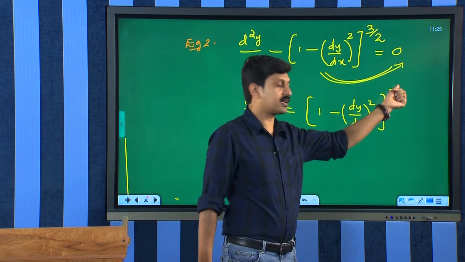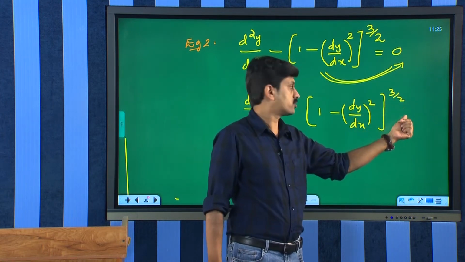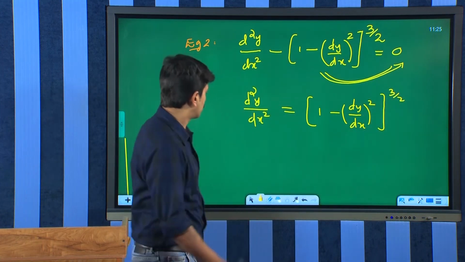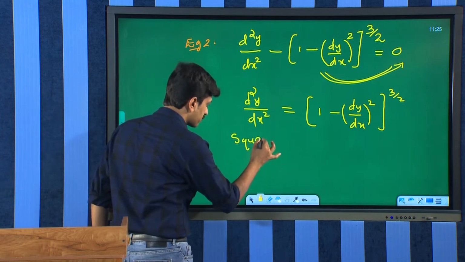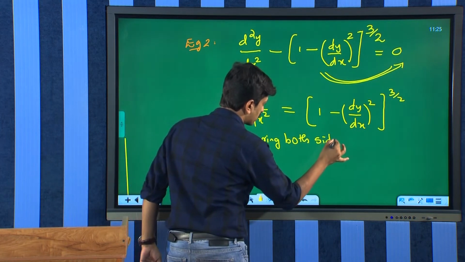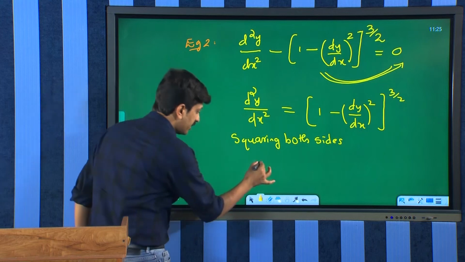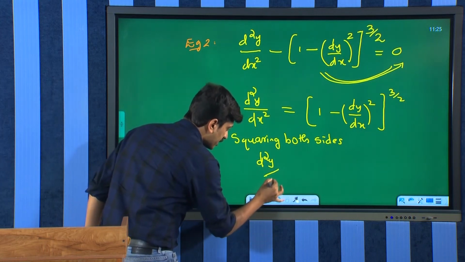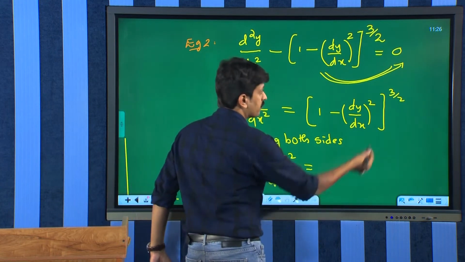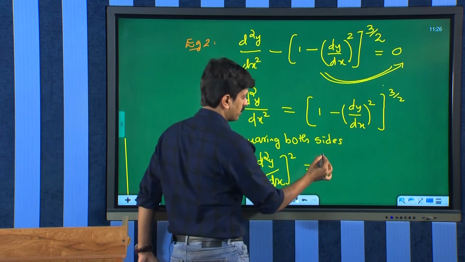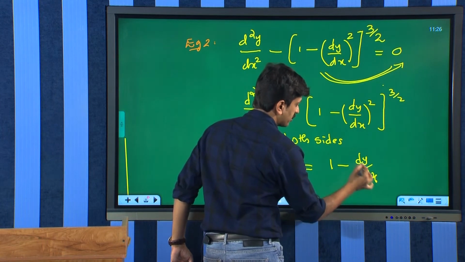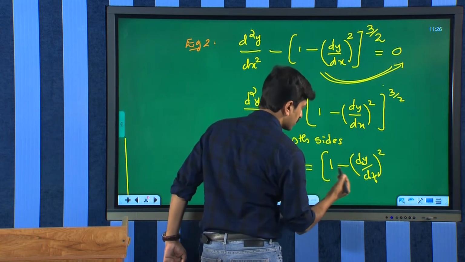For the rational power, the denominator power is 2. So, the power is 3 by 2, and since the power is 3 by 2 we will square both sides. So, squaring both sides, we will have d square y by dx square whole square is equal to, while squaring, this 1 by 2 will go, therefore, the term will consist only of (1 minus dy by dx whole square) whole cube.